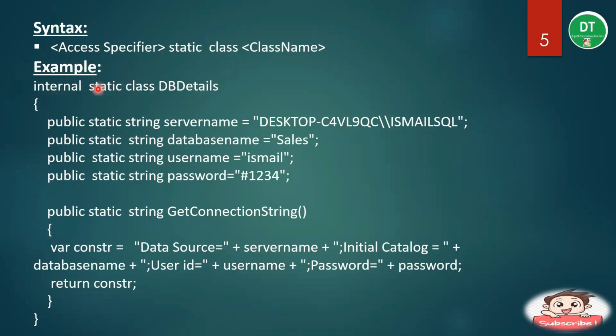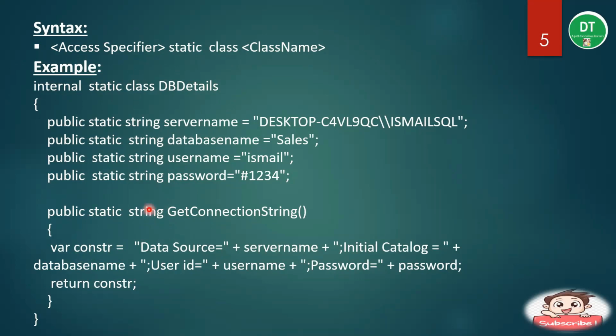Then I have used the static keyword, then class, then dbDetails is the class name. These variables I have created here, and it contains one static method, get connection string. It is also static because the static keyword precedes the definition of the method. This method will return the connection string and the data type will be string. The return type of the method is string.